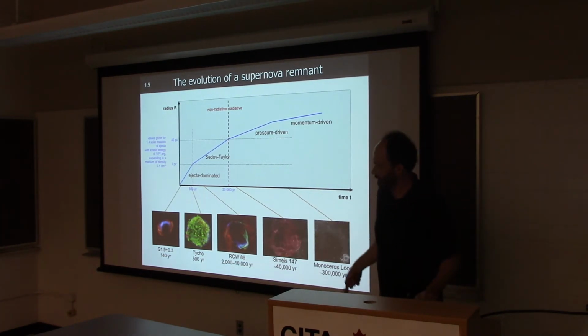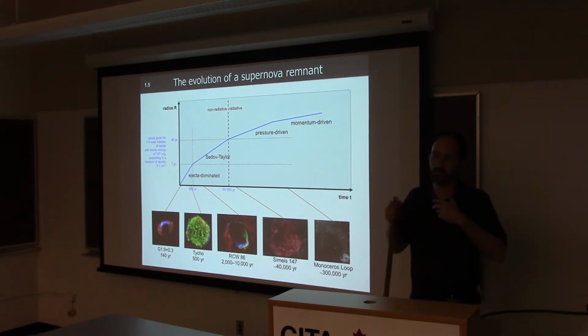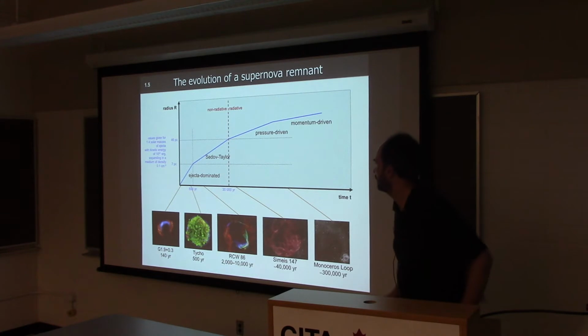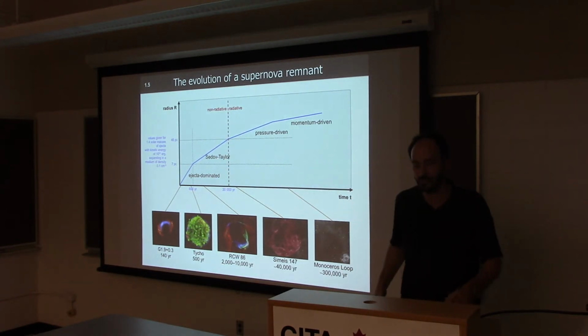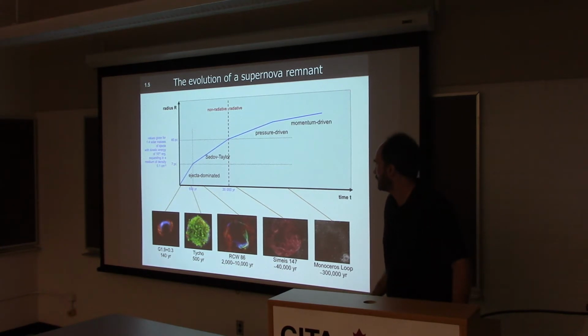And so with Tycho and SN 1006, we're talking about young remnants which are still ejecta dominated, so the dynamics is still dictated by the initial explosion and the motion of the ejecta. And eventually they will enter some self-similar phase, which is known as the Sedov-Taylor phase, before radiative losses become important.